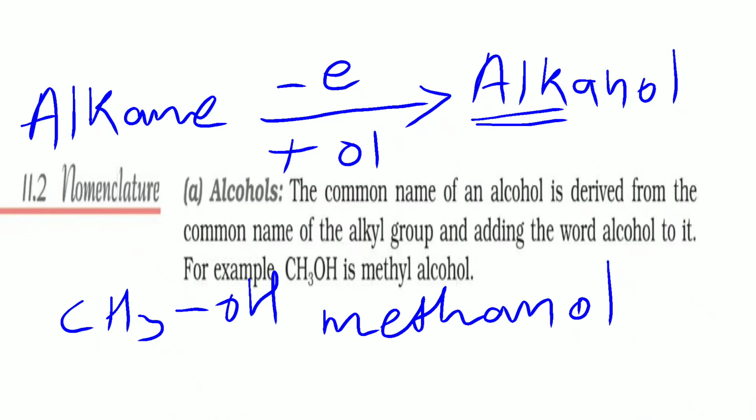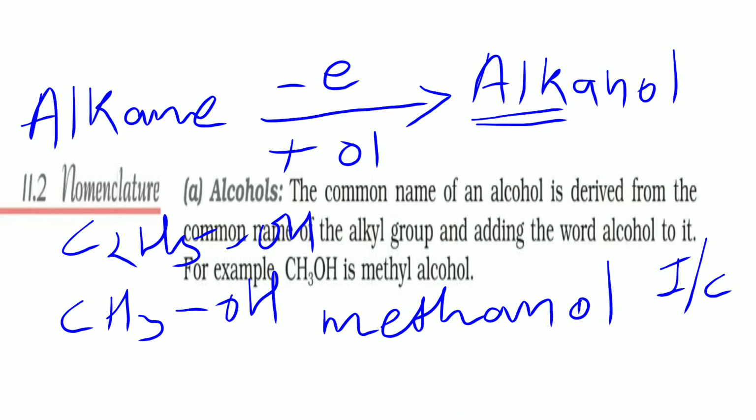This is the IUPAC name of CH3OH. If C2H5OH is there, then with 2 carbons it is eth, plus OL, ethanol.